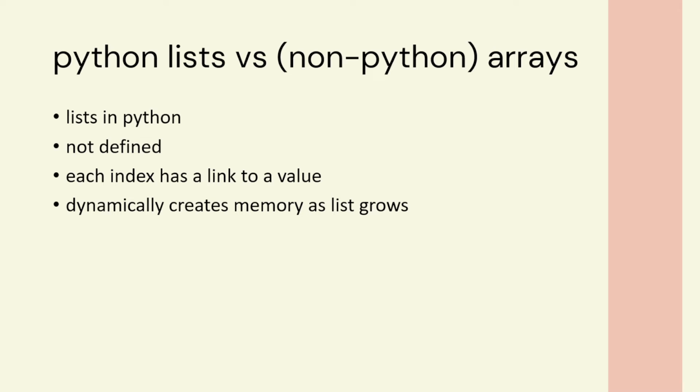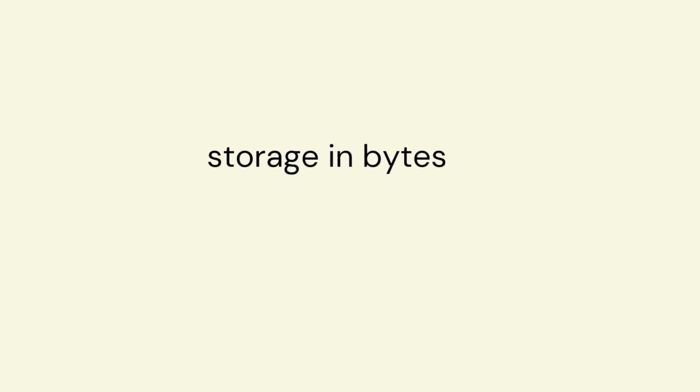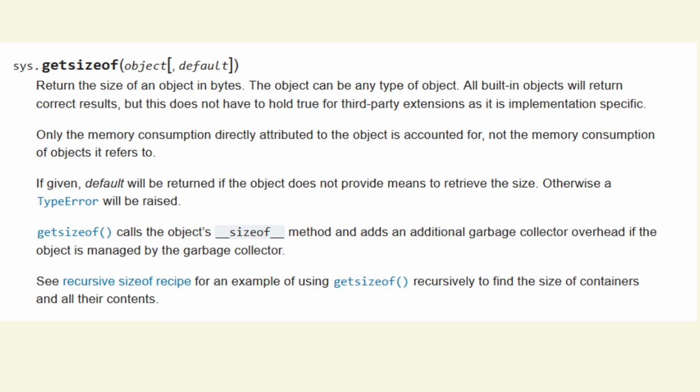So how can we prove that, or how can we see that? Well, let's have a look at storage in bytes. Look at the bytes of a list in Python using getsizeof. If we look at the size using len, we will see how many items are in a list, but we can also see how many bytes are in a list. So let's have a look at that code.